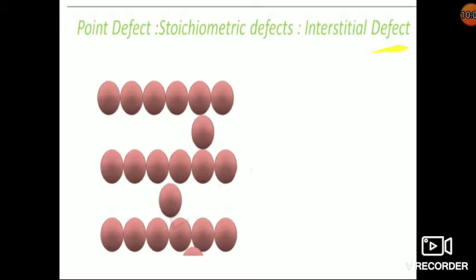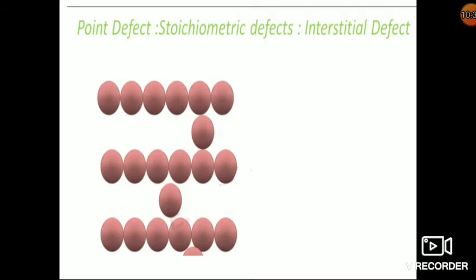Next, interstitial defect. Interstitial means void or empty space in the solid. Check here, it's a solid where atoms or its particles are arranged properly. Now there are some extra atoms present in the interstitial site. This is your interstitial site where the atoms are occupied.